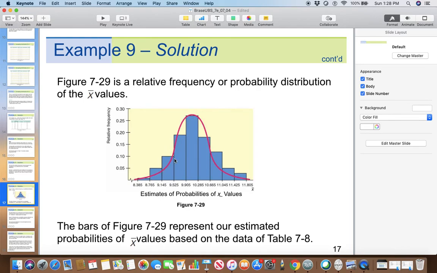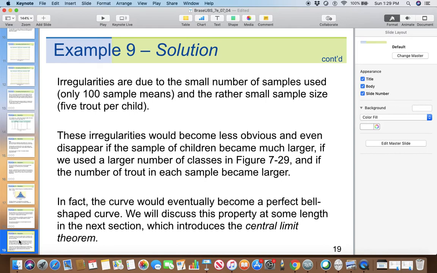You will have many more rectangles, so many more classes, which will help you approximate the curve better. The curve would eventually become a perfect bell-shaped curve. We will discuss this property at some length in the next section, which introduces the central limit theorem.